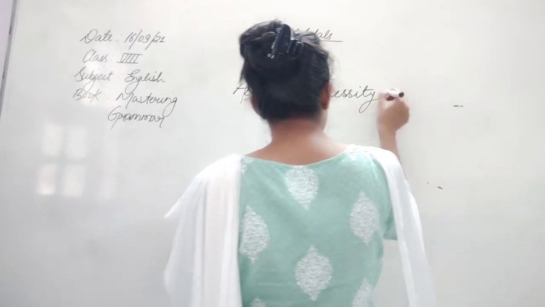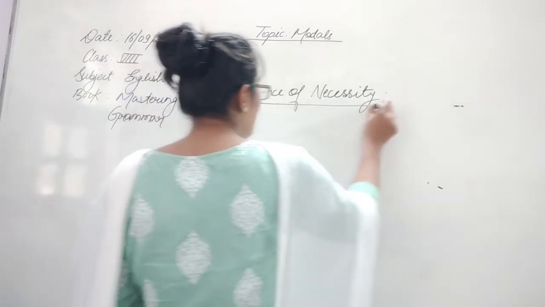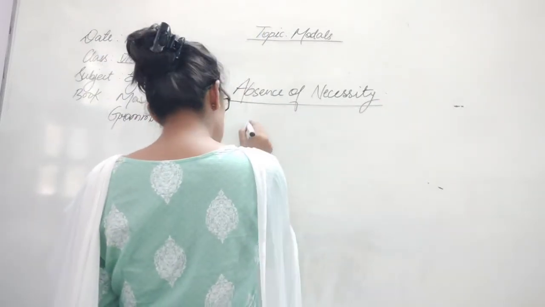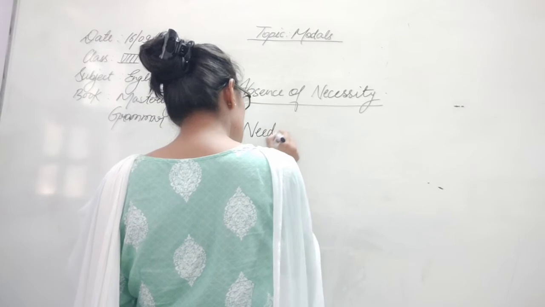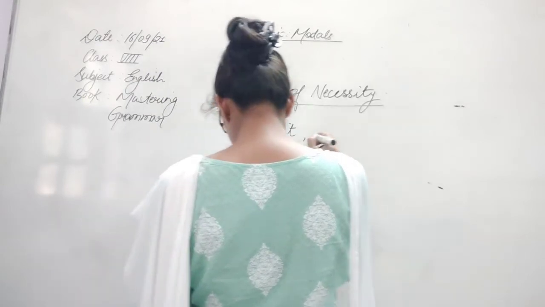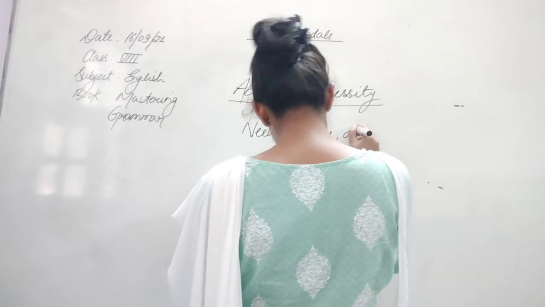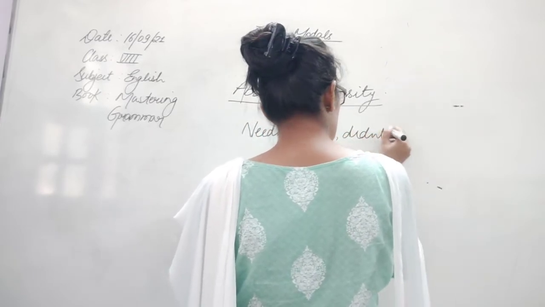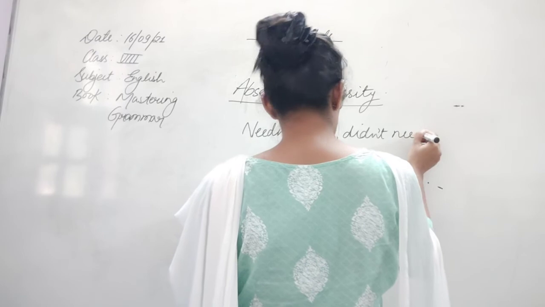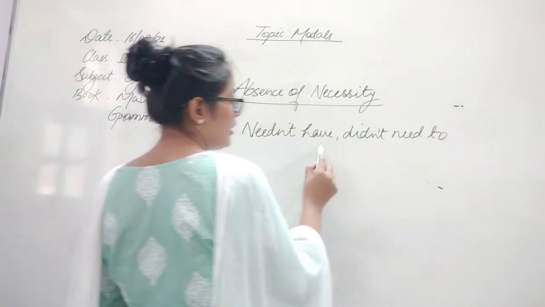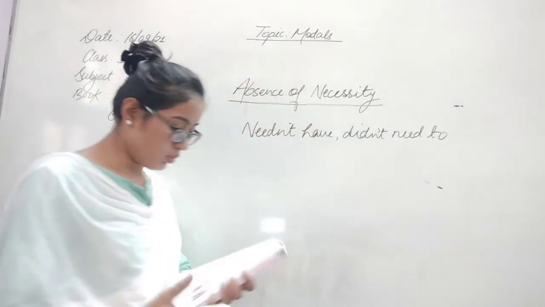Okay, this is where there is no need. Needn't have, and didn't need to. Okay, didn't need to. So in this there are two, needn't have and didn't need to.